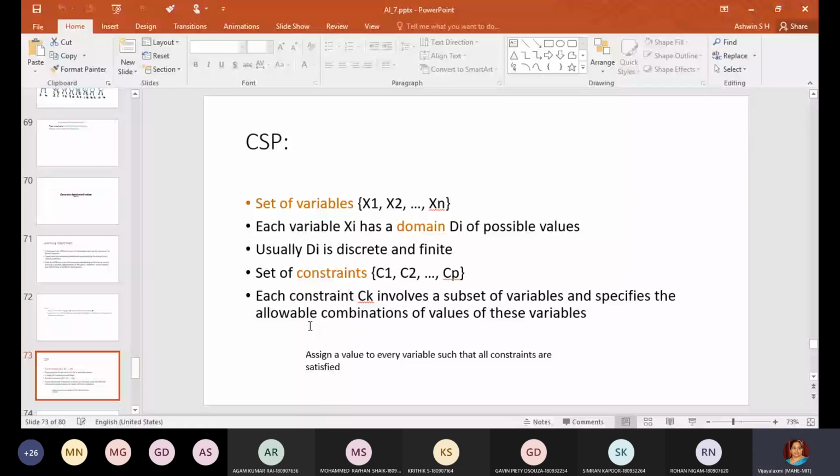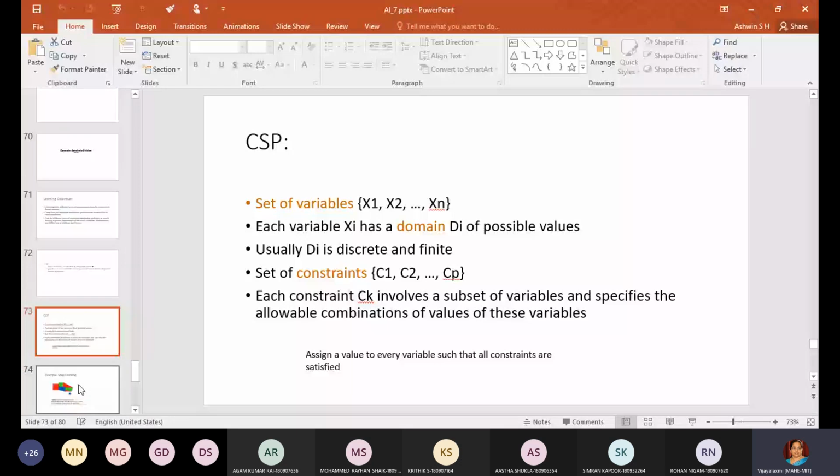Each constraint involves a subset of variables and specifies the allowable combinations of values of these variables. Assign a value to every variable you have defined, such that all constraints are satisfied. So a set of constraints will be given, a set of variables will be given, and a domain will be specified. You need to assign a value to every variable that you have defined so that all the constraints are satisfied.